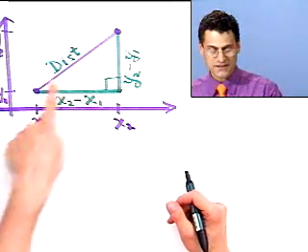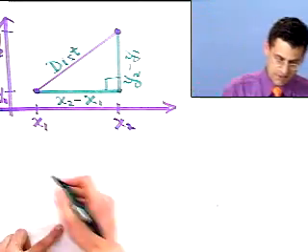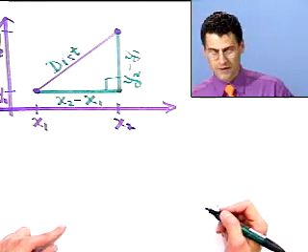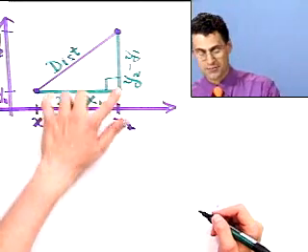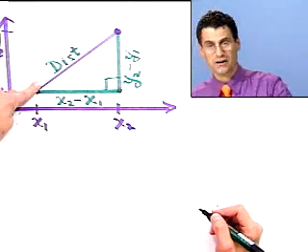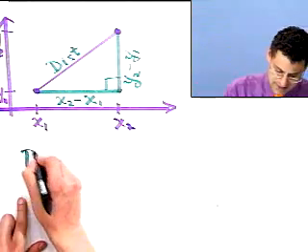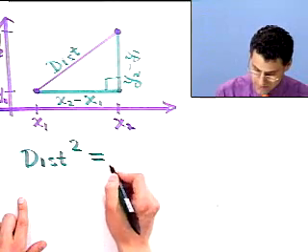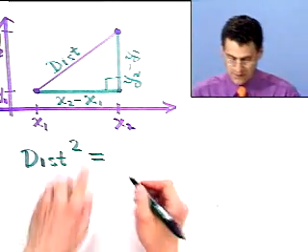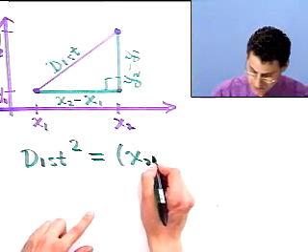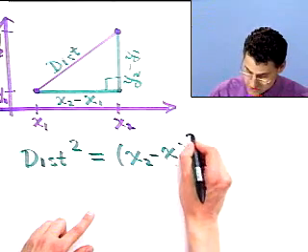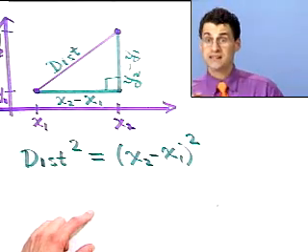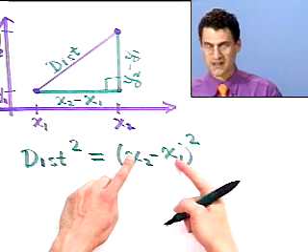Anyway, if I call this distance between these 2 points dist, then what do I know? I know from the Pythagorean theorem that this length squared plus that length squared will equal this squared. So what that would mean is that dist, the hypotenuse, squared equals, well, this squared, which is x2 minus x1 squared, which, by the way, doesn't equal x2 squared minus x1 squared.